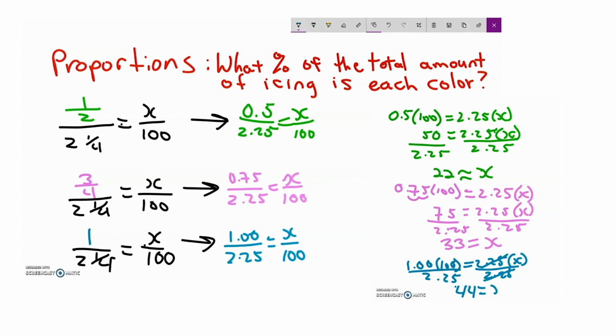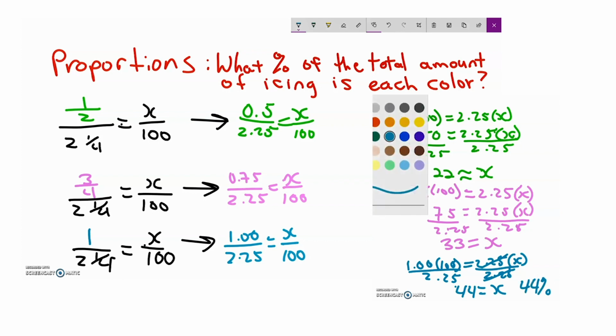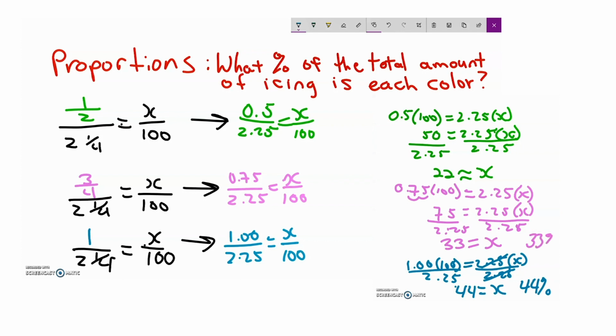So 44 is equal to x for the blue frosting. So what we see is that this is the percent of frosting that is blue, 44%. And then again for the pink, 33% of the total frosting is pink, and the green, 22% of the total amount of frosting is green.